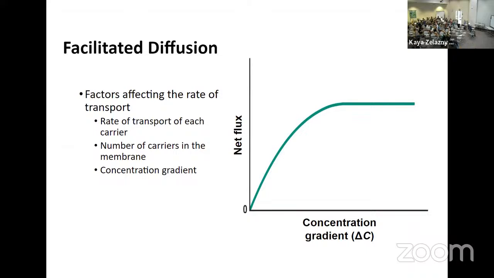The thing we can do is change the number of carriers in the membrane. If you add more glucose transporters, you'll still eventually plateau based on the rate of transport for each of those carriers, but it's going to be somewhere higher if you've got more of those carriers in the membrane in the first place.